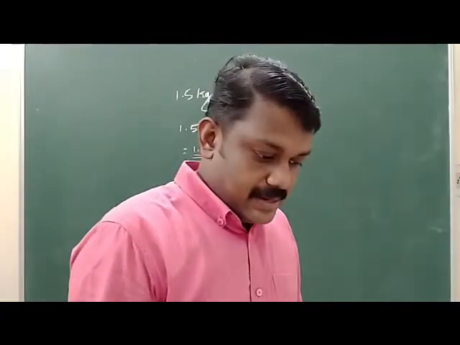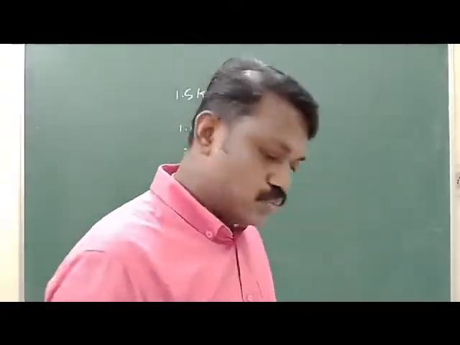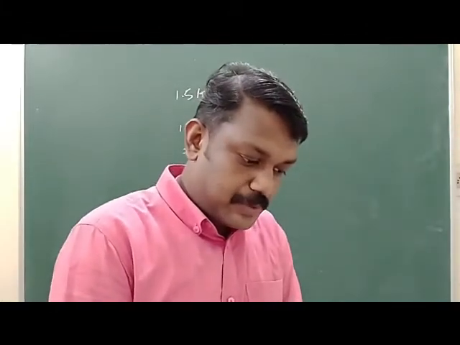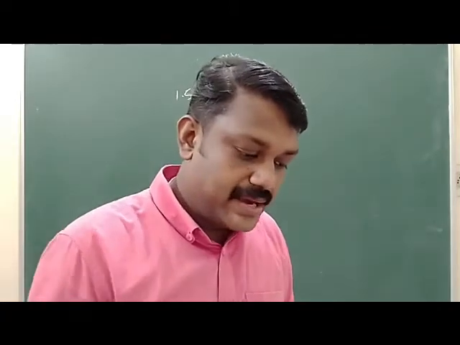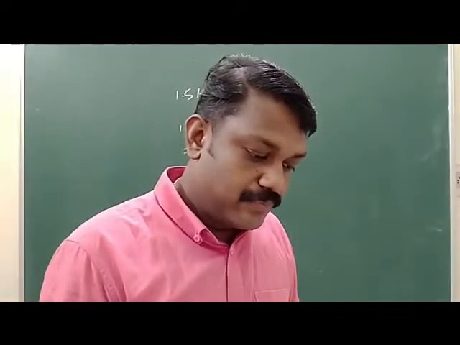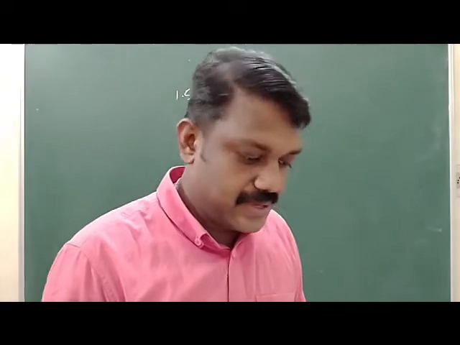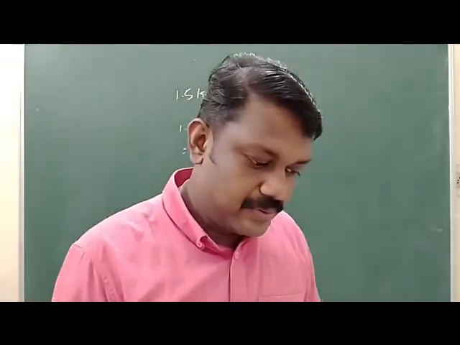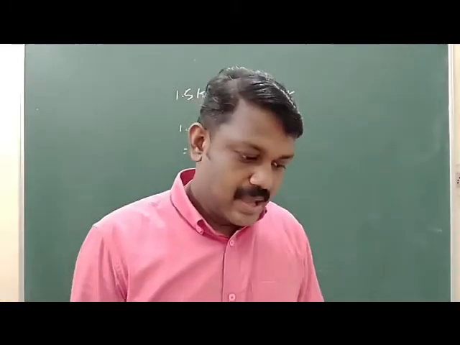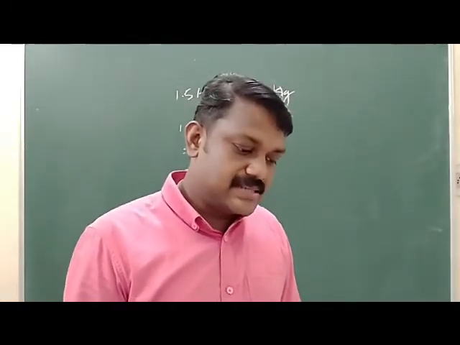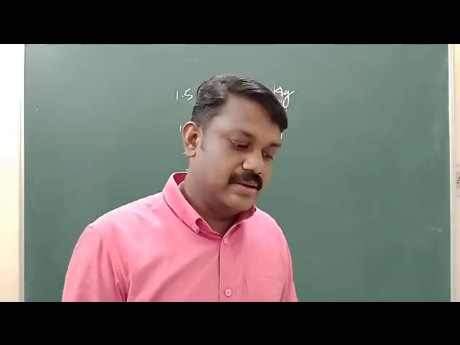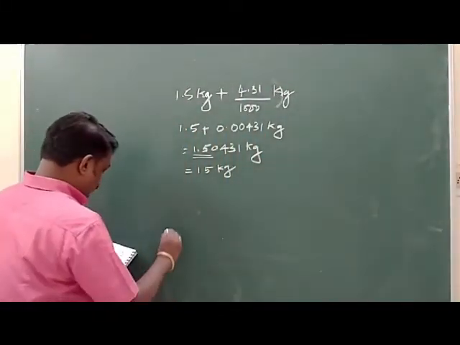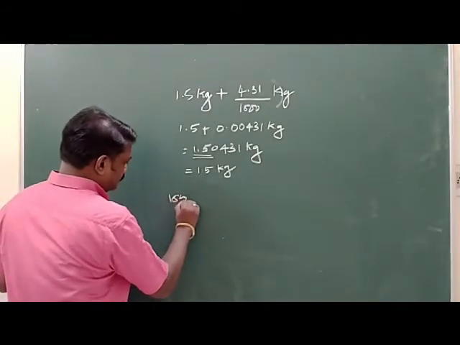Next question is question number 32. It says write the value of the product 185 into 1.52 in significant figures. You have to multiply the two numbers 185 and 1.52 and give the answer for the appropriate significant figures.